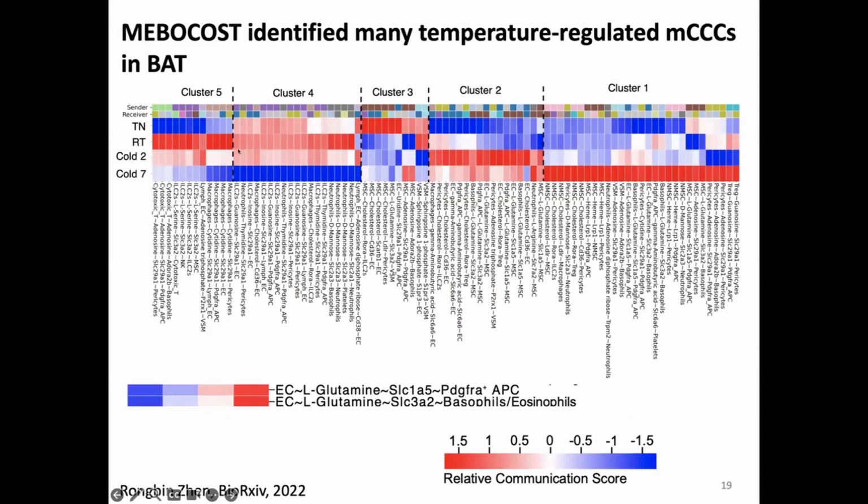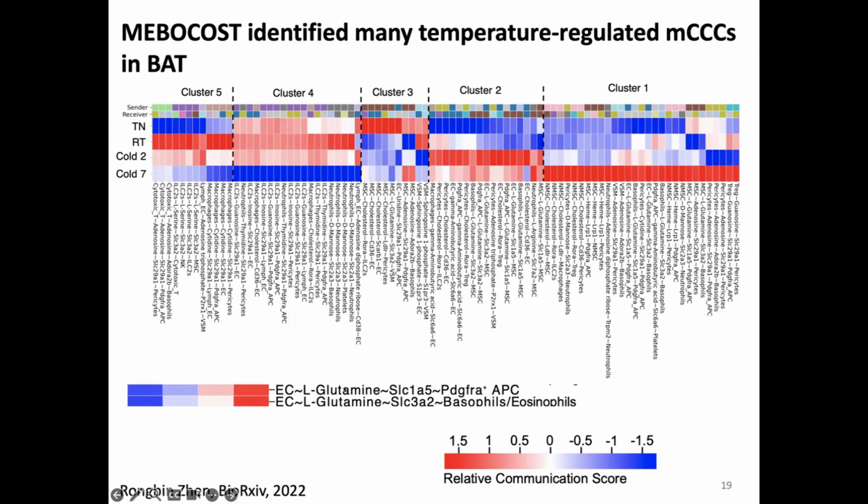We also detected changes in many communications in response to the cold treatment of the mouse in the brown adipocyte tissues. One interesting example is the communication mediated by glutamate from other cell types to adipocytes. For example, here the glutamate is produced by the endothelial cell and then received by the adipocyte progenitor cell.